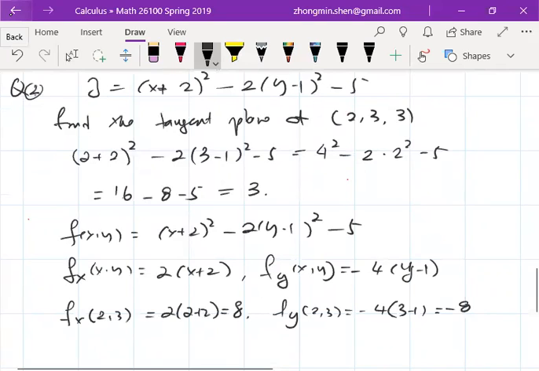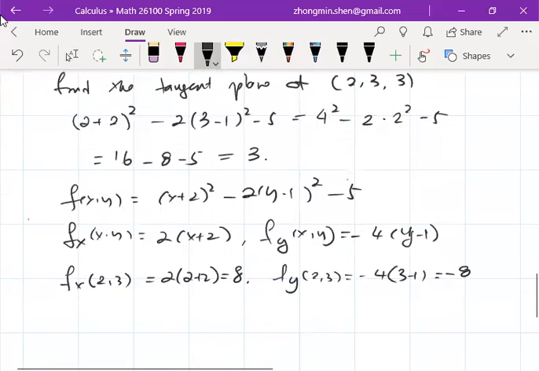Now, remember the equation, for the, you just apply the formula. You already got the formula, right? The equation for the tangent line is given by, this is just an equation for the tangent line, right?